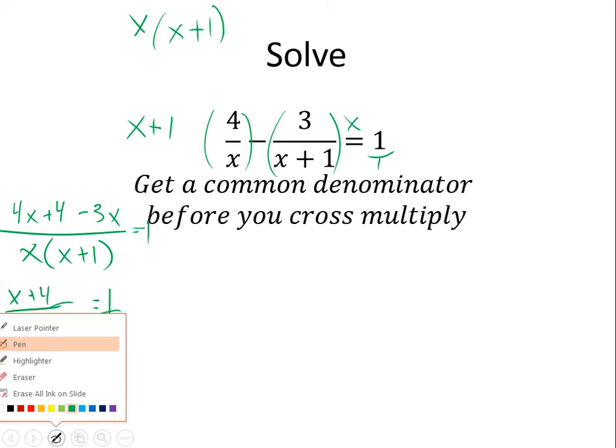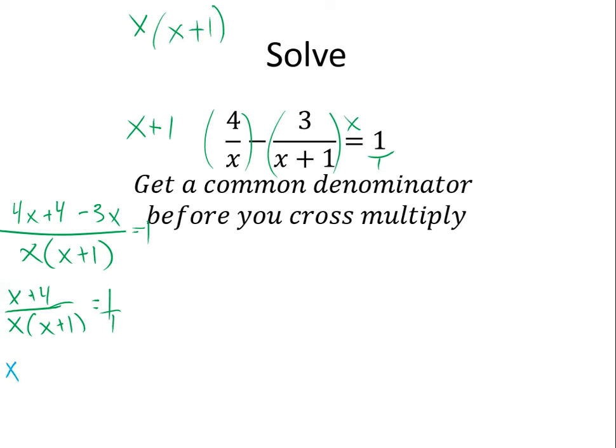So now when we cross multiply, that gives us an x plus 4 is equal to x squared plus x. And all I did was I distributed this x to both parts, then I multiplied it across. Subtract both these to the other side, giving us an x squared minus 4 is equal to 0.